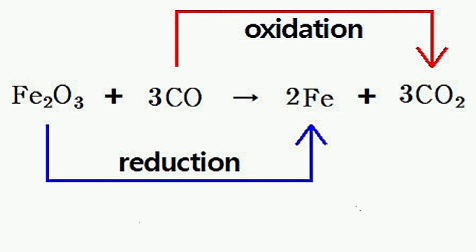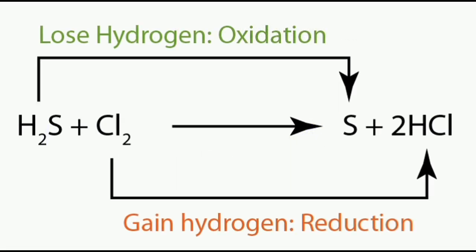Now the second way of defining oxidation and reduction is removal or gain of hydrogen. The first one was oxygen. Oxidation is the loss of hydrogen, while reduction is the gain of hydrogen. Take note, it's the opposite of oxygen. If we have an equation like H2S plus Cl2 yielding HCl plus S, on the left hand side we have H2S and Cl2, but on the right hand side H is now with Cl.